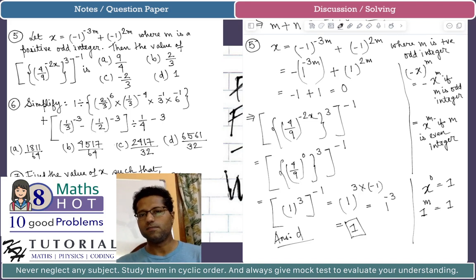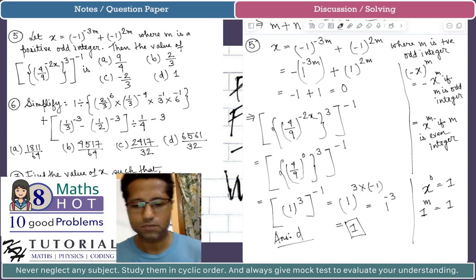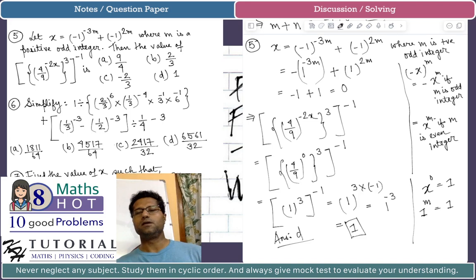Minus 3m, if m is a positive odd integer, will always be an odd integer, because an odd integer multiplied by any odd integer always gives an odd integer. Similarly, 2m, twice m, where m is an odd integer, will always be an even integer. Any integer multiplied by 2 always gives an even integer. So from that concept, we got x equals 0.